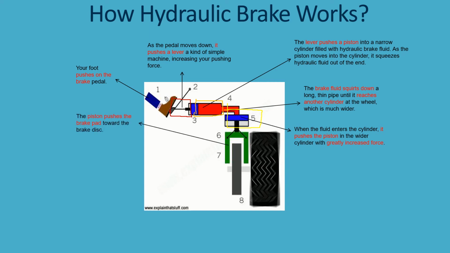Then the piston pushes the brake pad towards the brake disc. The brake pad is the green one, this one right here, and the brake disc is the gray one, this one. Okay, so when the brake pad touches the brake disc, the friction between the two generates heat, and the friction slows down the outer wheel and tire, thus stopping the car.